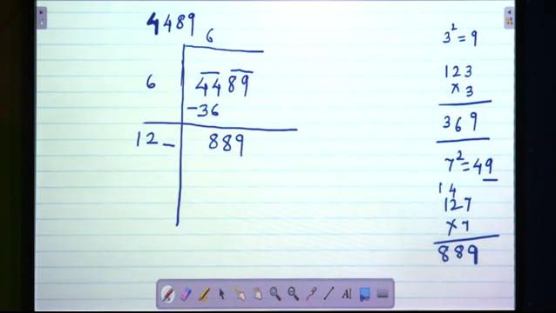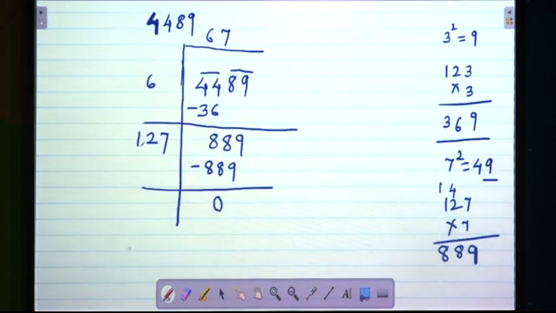I guess you people are understanding what has been done just now. It is just by using the shortcut that we are trying to come to the exact value, that is 127 multiplied by 7, we get 889, and the remainder is 0.